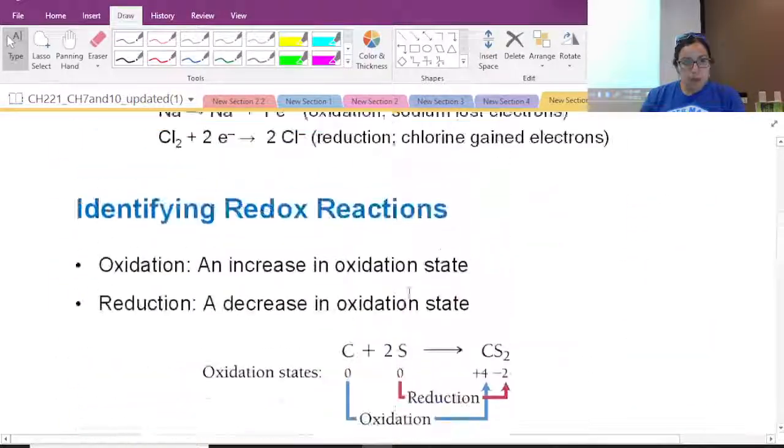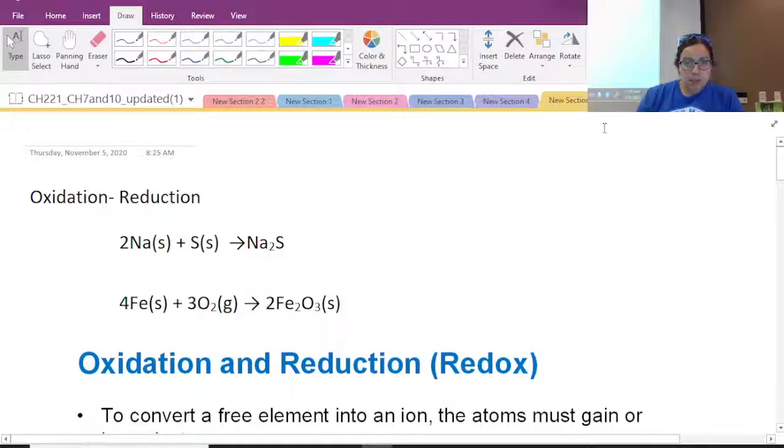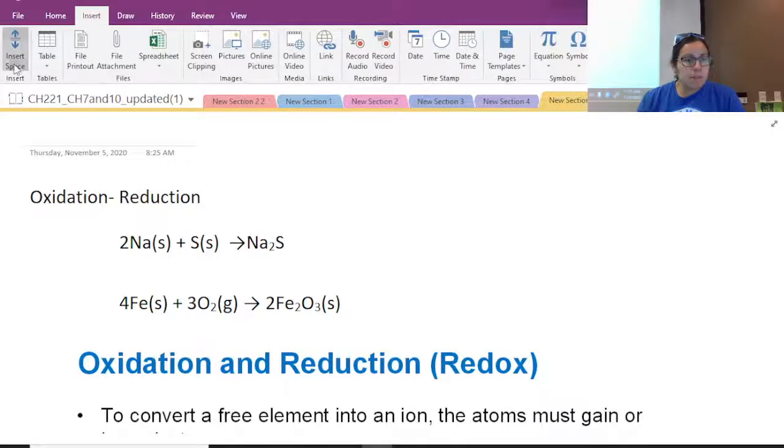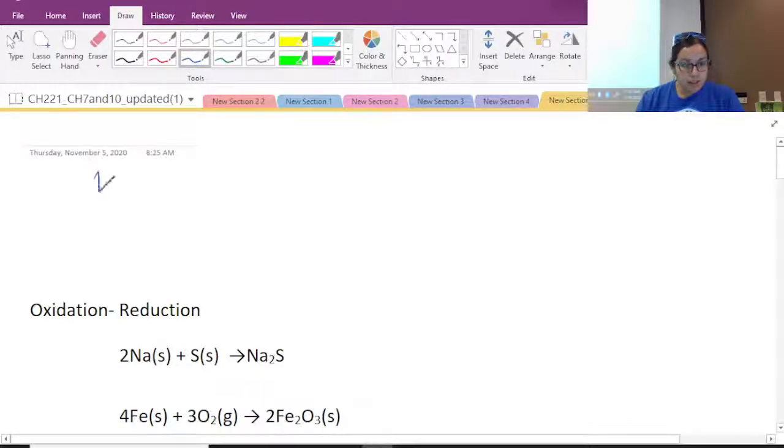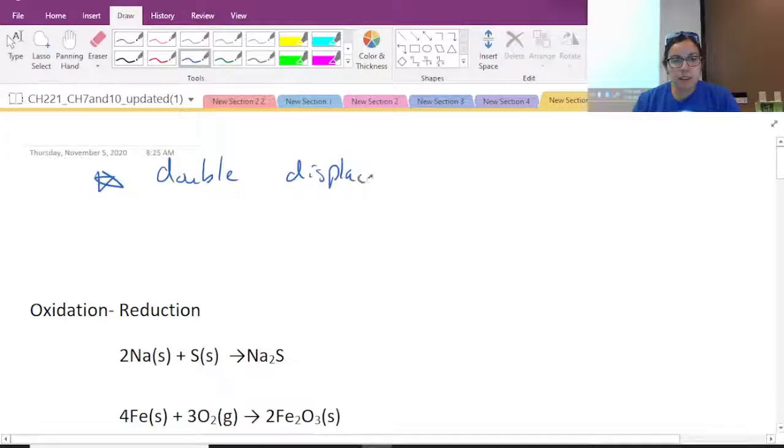All right, we might have to stop here. We'll pick back up on Tuesday. Where we're going is to look back at double displacements, and we'll find that they are actually not redox.